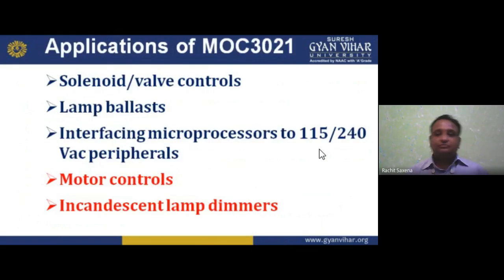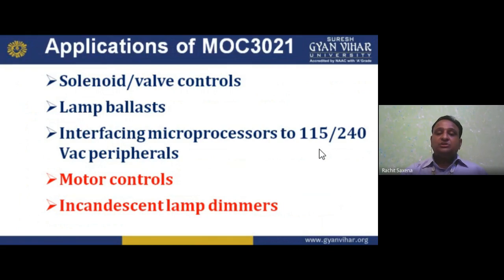Now, where can we use it? It is similar to the MOC 3020, but the voltage level has some changes. Applications of MOC 3021 are solenoid and valve controls, similar to that one. We have lamp blasting: if I want to blast the lamp, we use this.